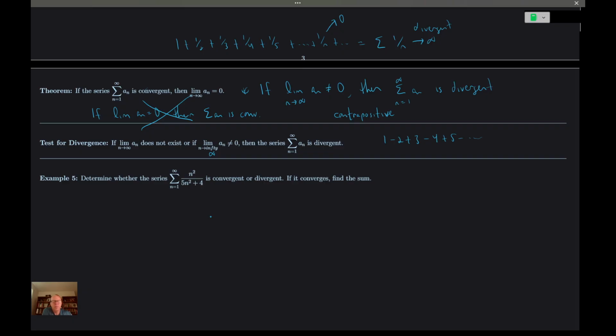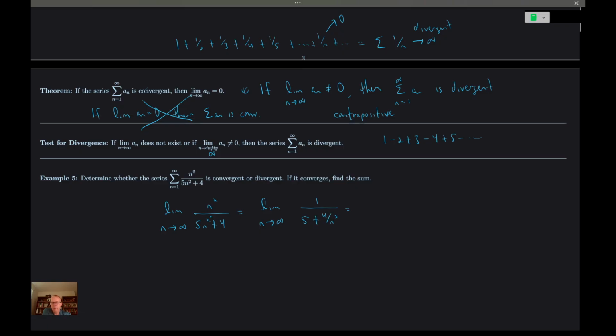All right, so determine whether this is convergent or divergent. Let's take the limit as n goes to infinity of n squared over 5n squared plus 4. You probably remember from calculus how you would do these. We'll divide each term by n squared, the highest exponent, so that gives us 1 over 5 plus 4 over n squared.